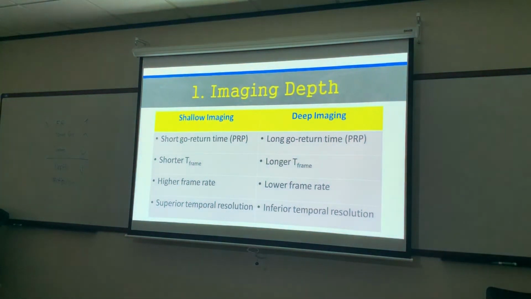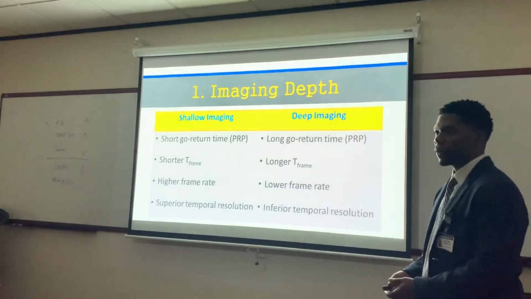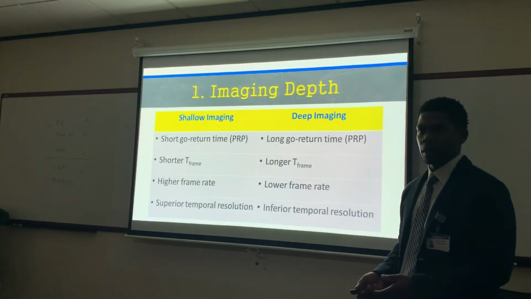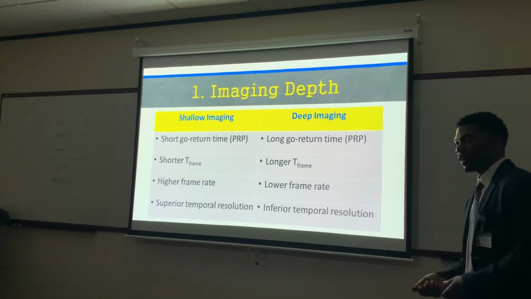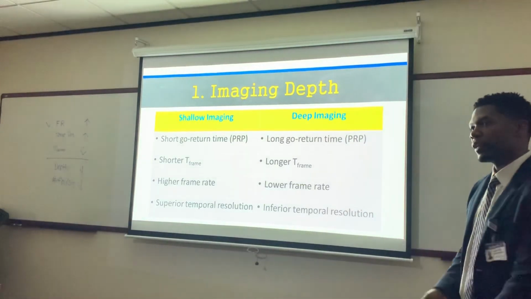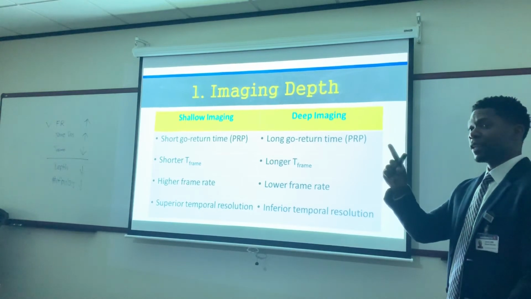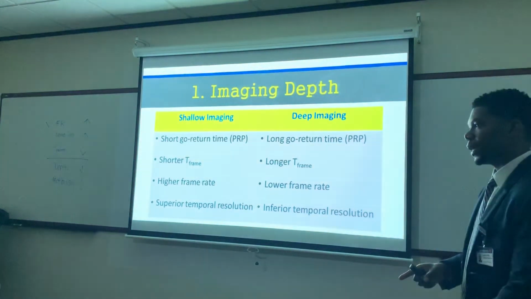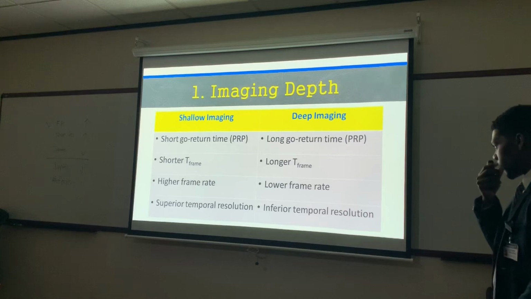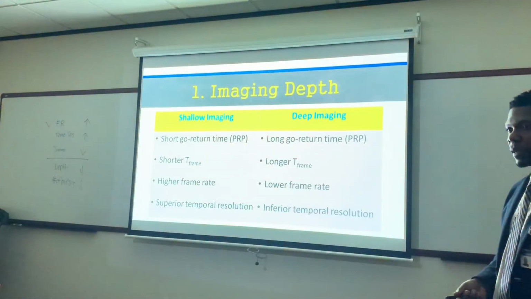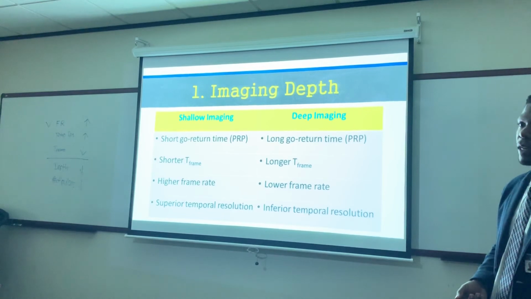With deeper imaging, we're of course going to have a longer PRP, a low PRF. We're not able to send pulses as often. A longer T-frame means it takes a longer time to create that one image.